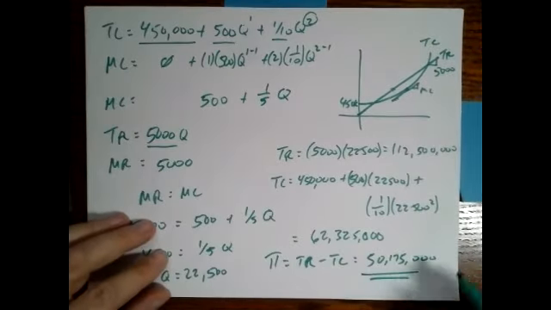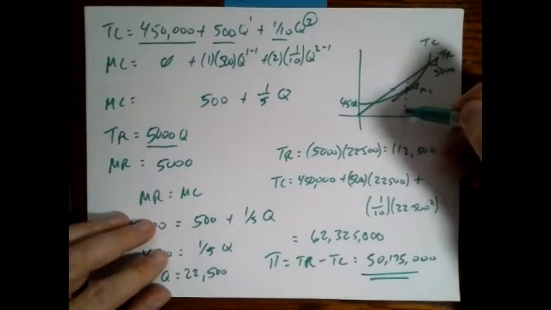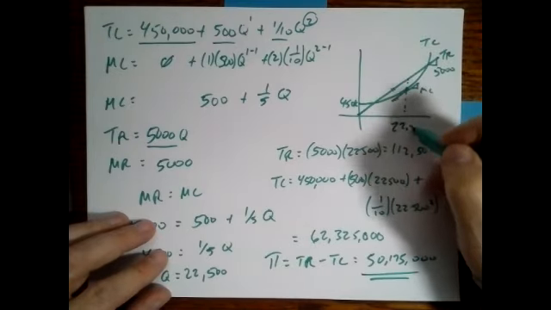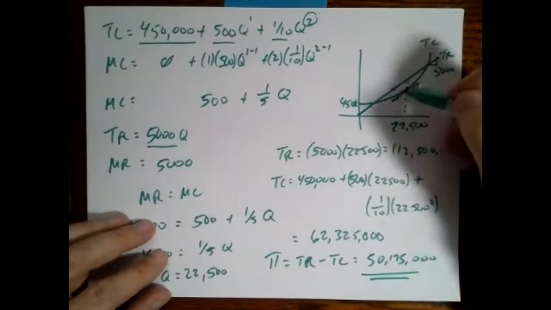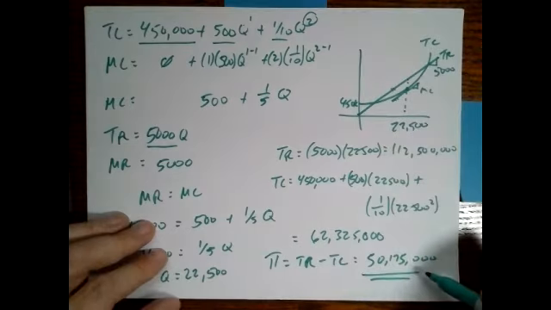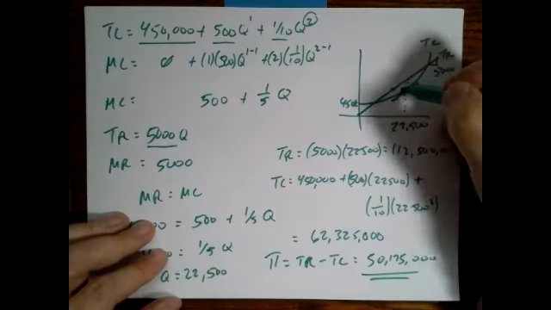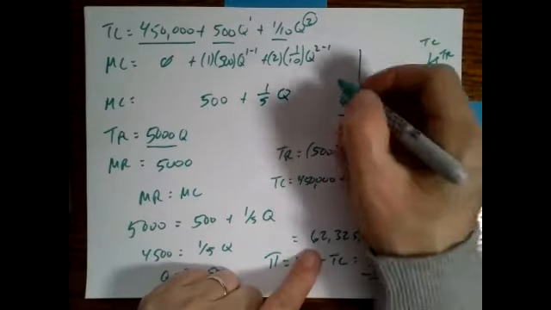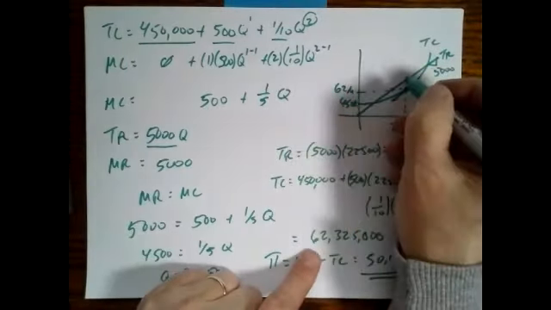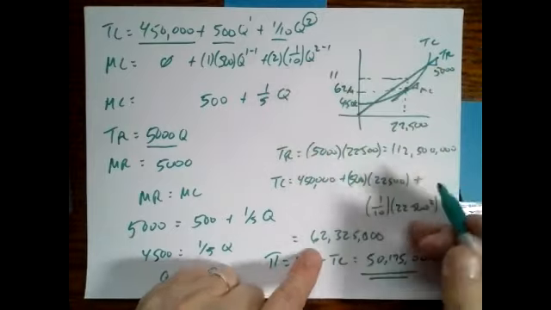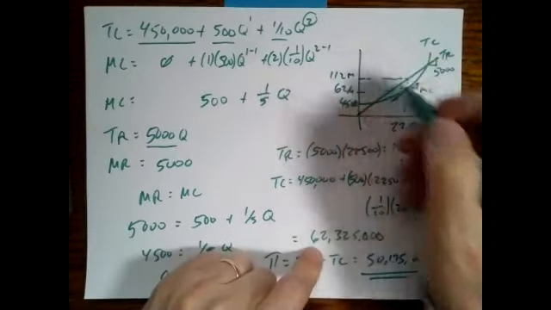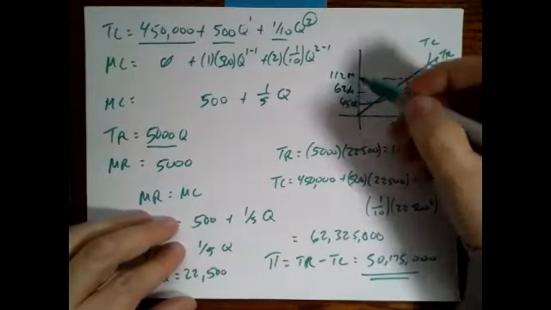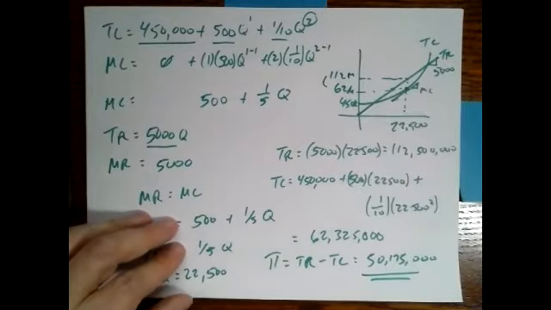So this point would represent 22,500. The gap would be, in this case, 50,175,000. Your total costs would be 62 million, roughly, total revenues would be 112 million-ish, and the gap between them is my profit.